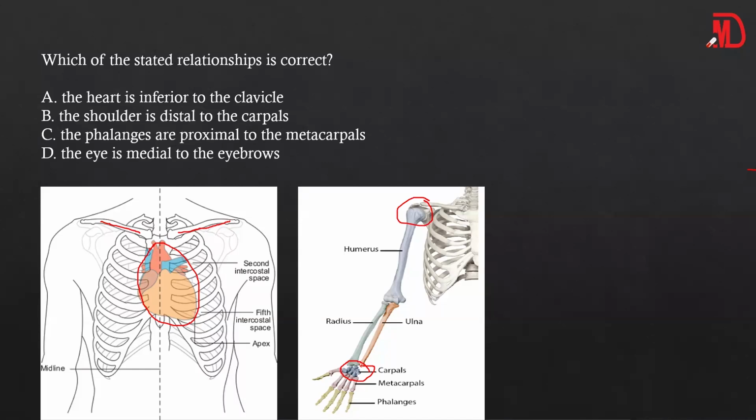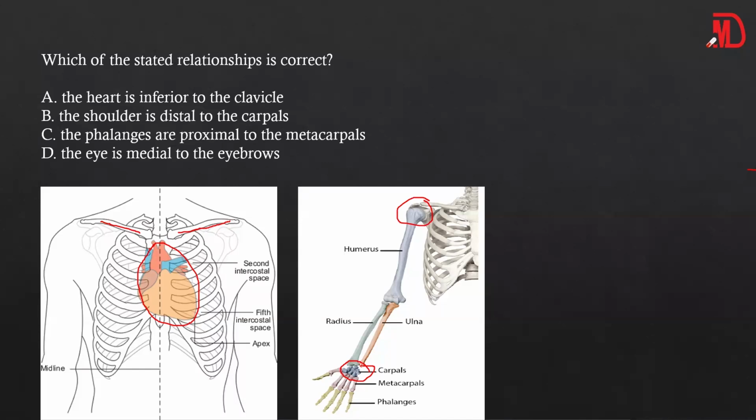Distal means farther from the point of attachment or from the trunk of the body. It is further away. Now, this means that the shoulder is proximal.